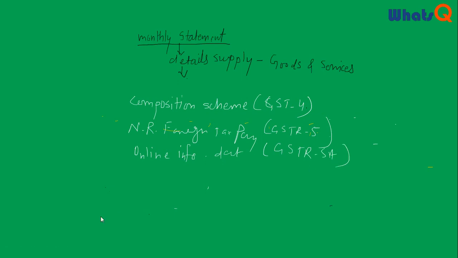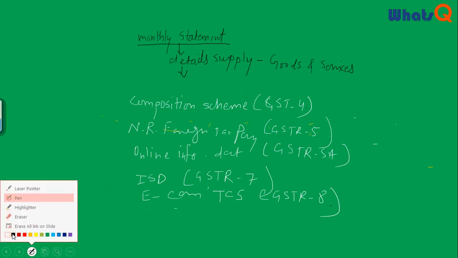If you are an ISD, an input service distributor, then you need to file details in GSTR 7. And if you have an e-commerce registration and there is any TCS deduction, then there will be a GSTR 8. These are the people who need not file GSTR 1. Rest all need to file GSTR 1.